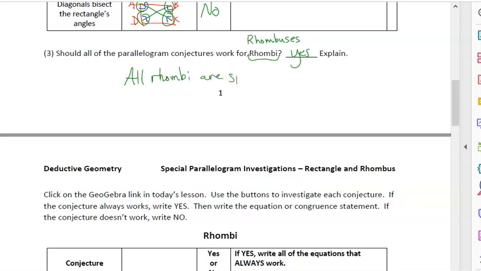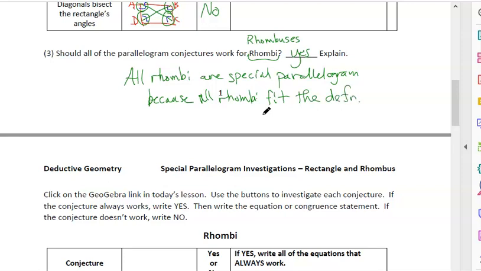are special parallelograms. Because all rhombi fit the definition.